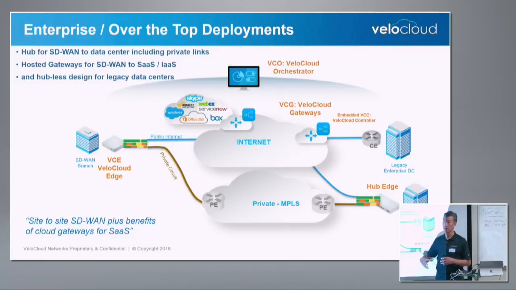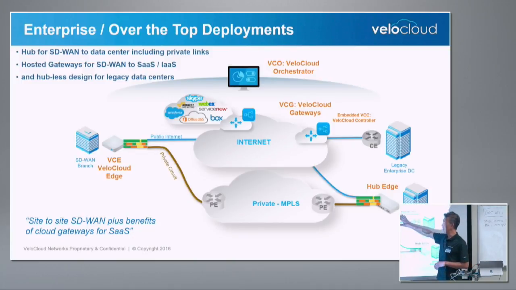If we're going to the cloud, we have distributed cloud gateways that are delivered by VeloCloud as a hosted service, and we'll cover that infrastructure in a little bit. They will take you direct to your SaaS application, to your infrastructure as a service, but with all the same performance, availability, security, and manageability.